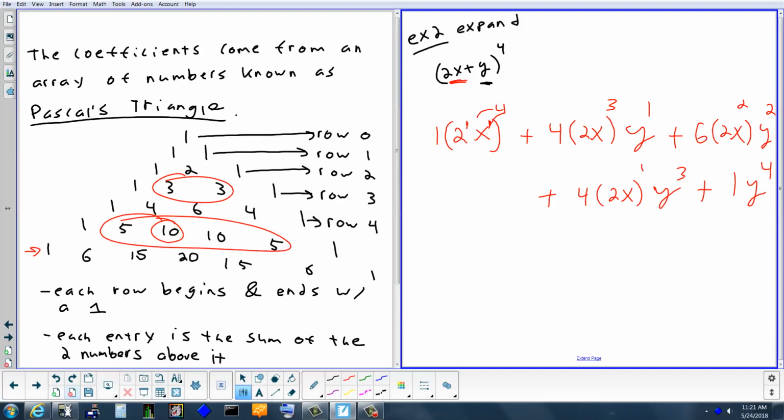Yeah, 16x to the fourth plus, we're going to have 8x cubed times 4. What's 8 times 4 give me? 32. So 32x cubed y plus, what's 2x squared times 6? 12x squared.